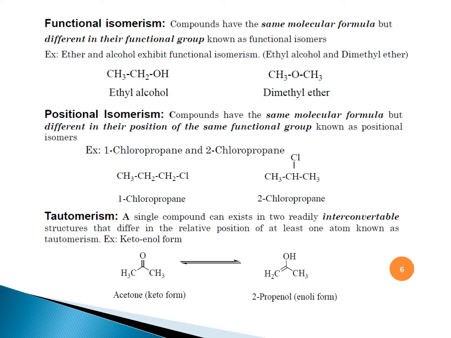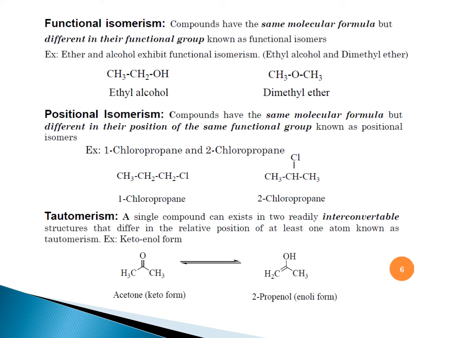One example is ethyl alcohol and its isomer dimethyl ether. Here, as you can see, the OH hydroxyl group is the functional group in one isomer, and ether is the functional group in the second isomer. So these are functional isomers.